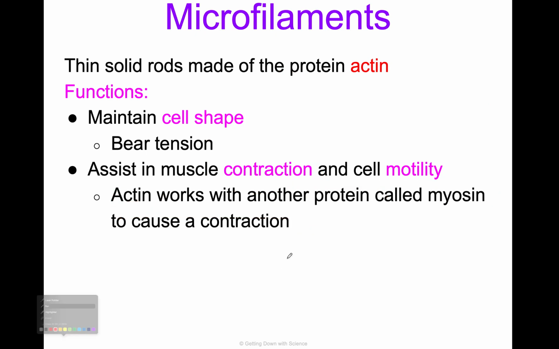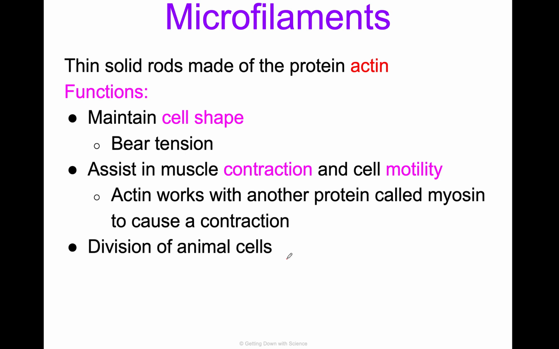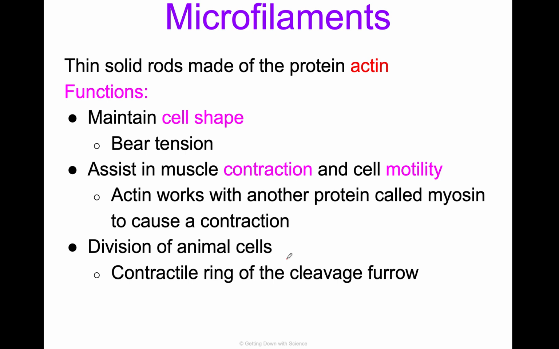Link those two words in your brain. Actin and myosin work together to cause a contraction. In division of animal cells, a contractile ring causes the cleavage furrow. There's this kind of elastic band that is pulled around our water balloon to cause it to break into two. That's your microfilament.